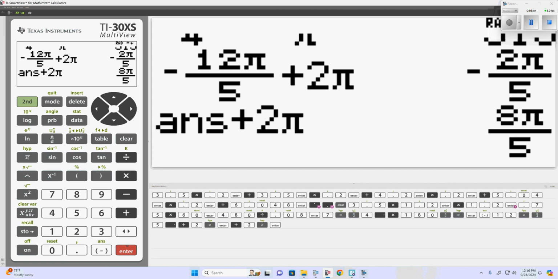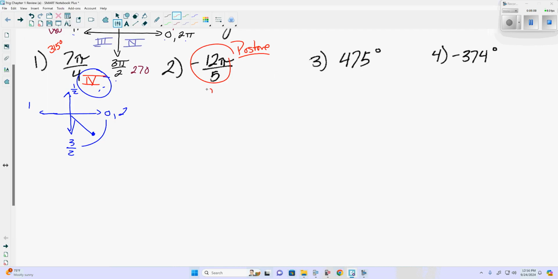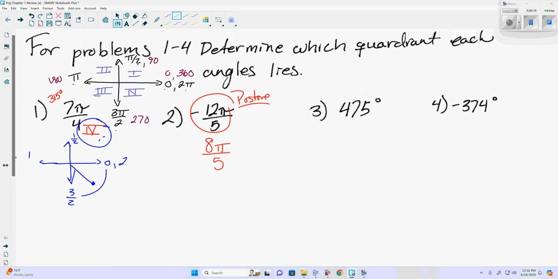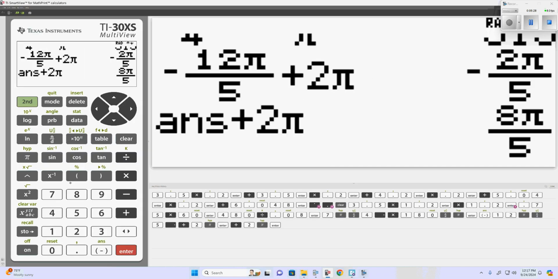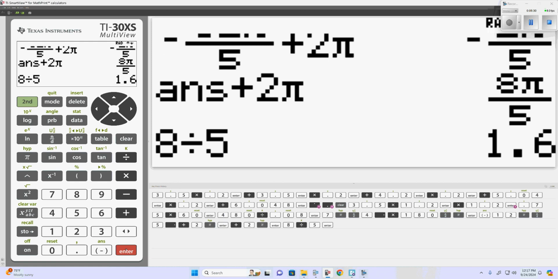Now we need to figure out which quadrant we're in. And we look at this here, 8/5. Again, we can do 8/5 with this here because 8/5 is going to be greater than 1. It's probably going to be less than 3/2. 8 divided by 5 is 1.6.